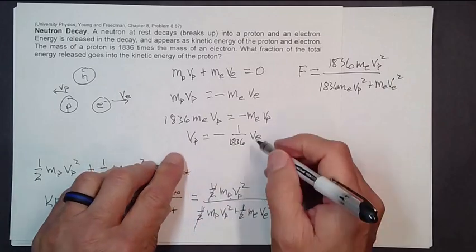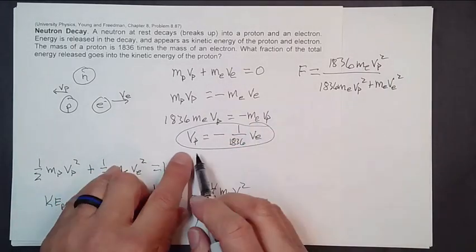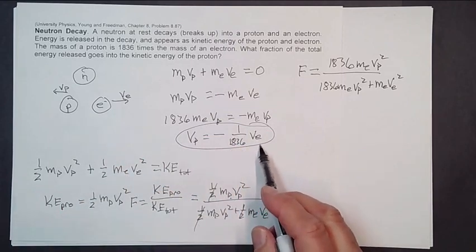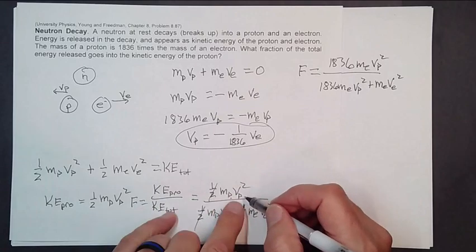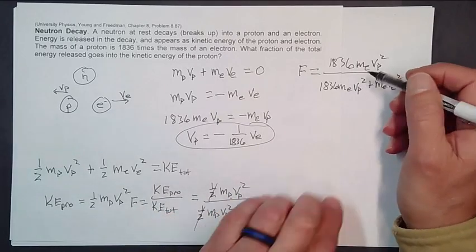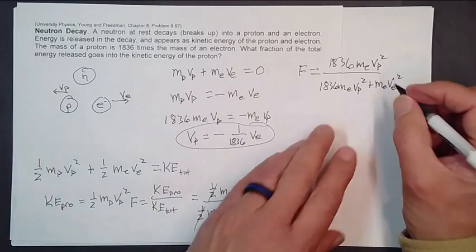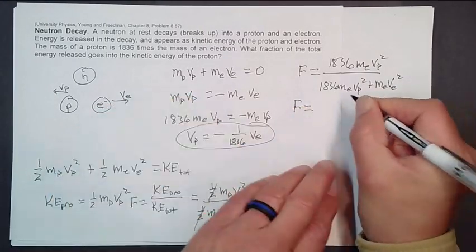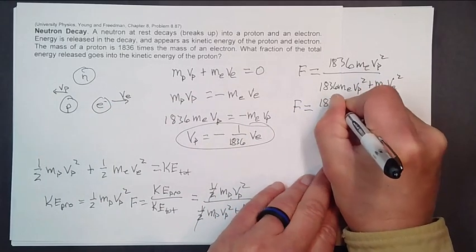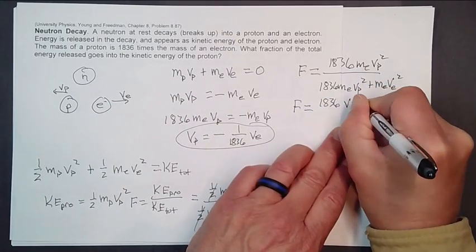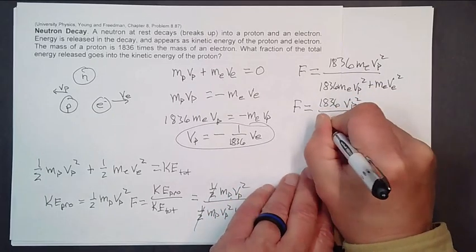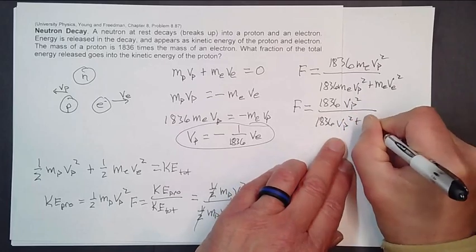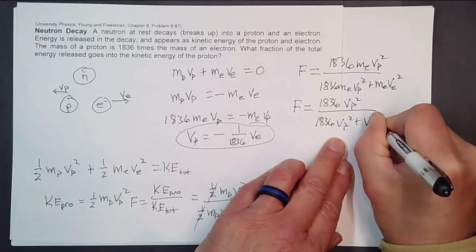And before, I found out that the velocity of the proton is 1/1836 the velocity of the electron. So if I make that substitution, well, for one thing, I can see that I've got mass of the electron in every term, and so that'll simplify things. So my fraction is reduced to 1836 velocity of the proton squared over 1836 velocity of the proton squared plus velocity of the electron squared.